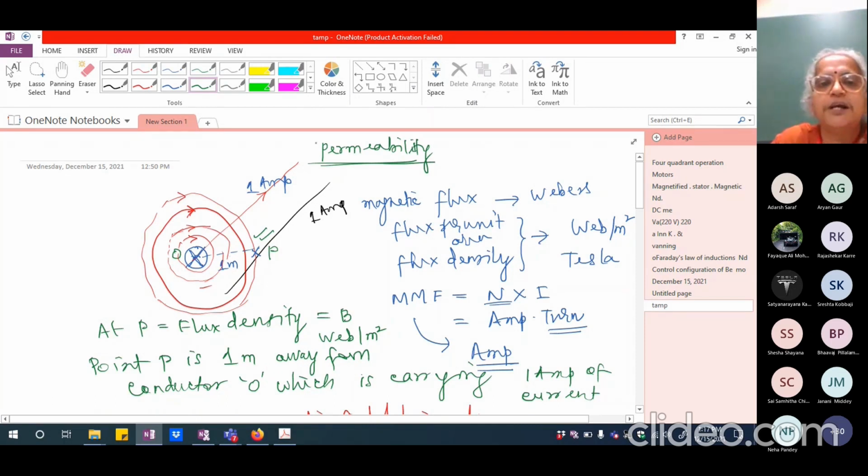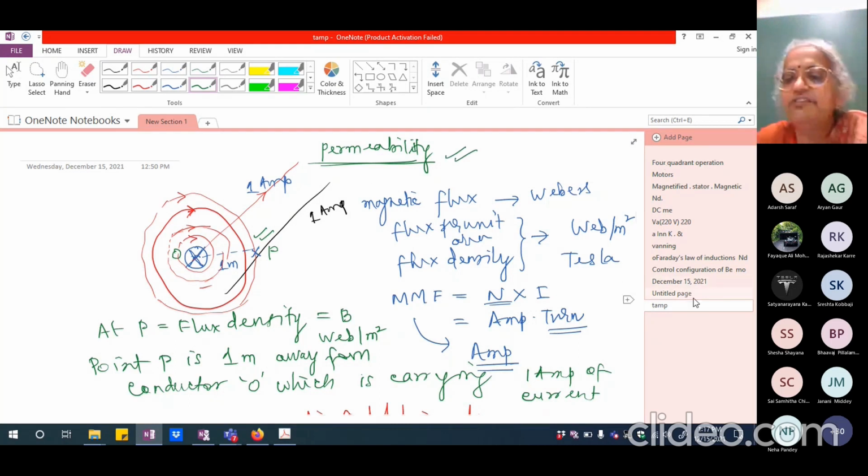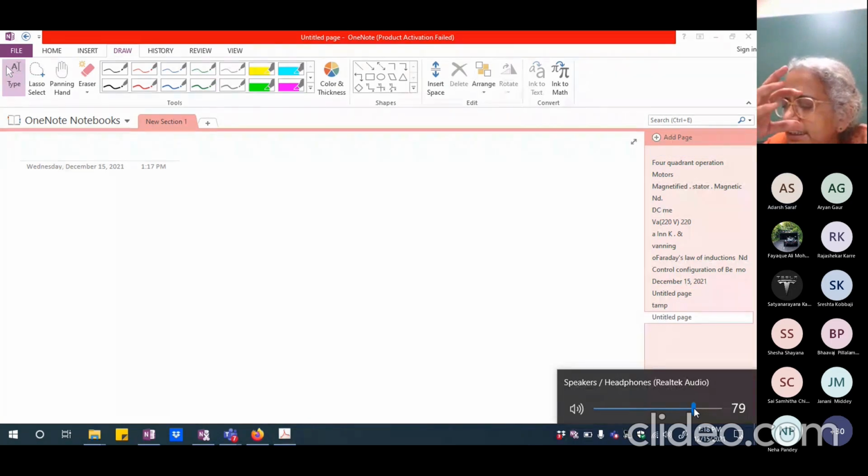So that is extremely important. The permeability becomes an extremely important material property whenever we talk about magnetism. What you talk about as eddy current is electricity, whereas what we are looking at in terms of flux density and so on is magnetism. The two are definitely related to each other.